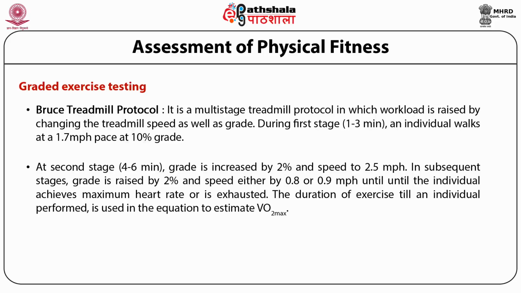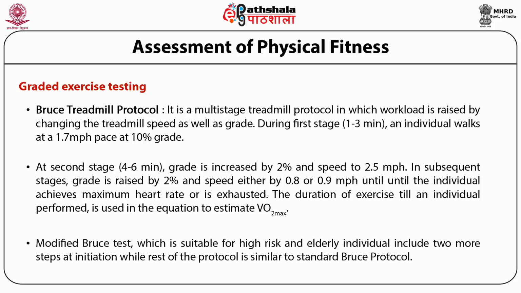In the subsequent stages, the grade is raised by 2% and the speed by either 0.8 or 0.9 mph until the individual achieves the maximum heart rate or is exhausted. The duration of the exercise is used in the equation to estimate the VO2 max.